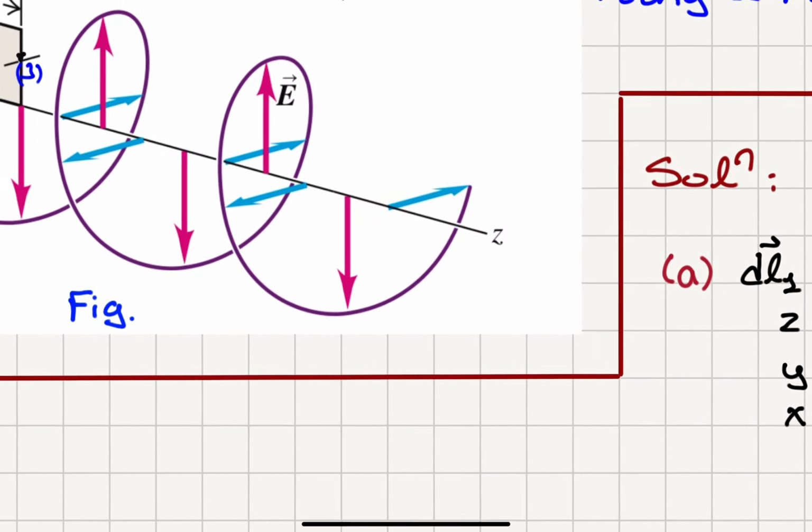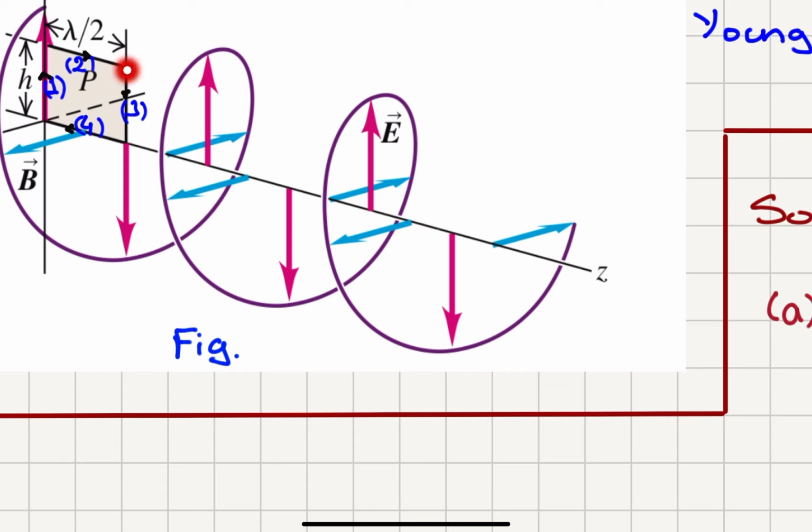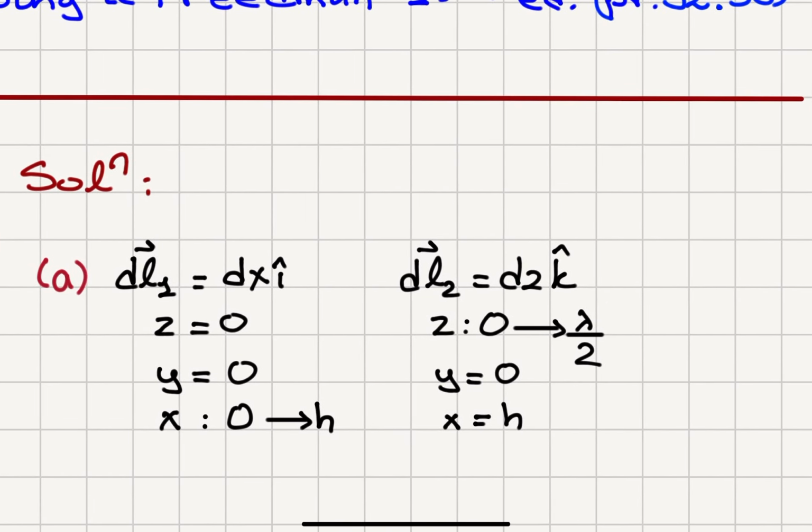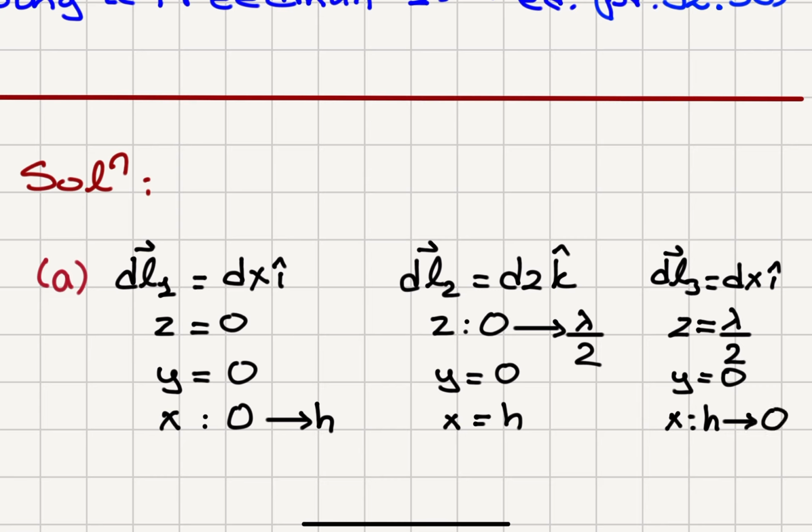So for the third portion, z is equal to lambda over 2, x goes from h to 0. So dl3 is dx i hat, where z is equal to lambda over 2, y is equal to 0, x goes from h to 0. All right.